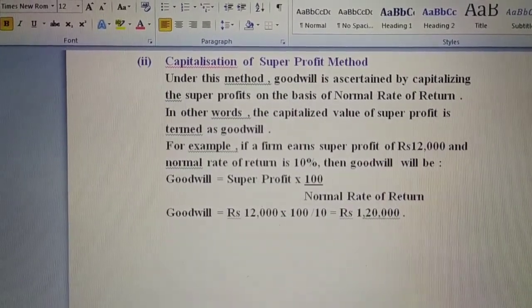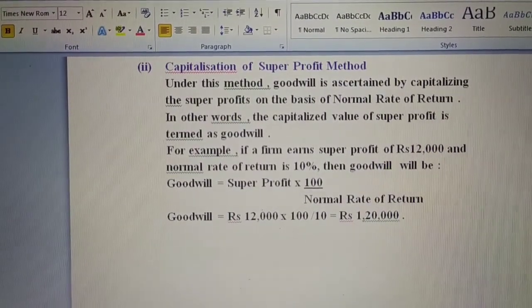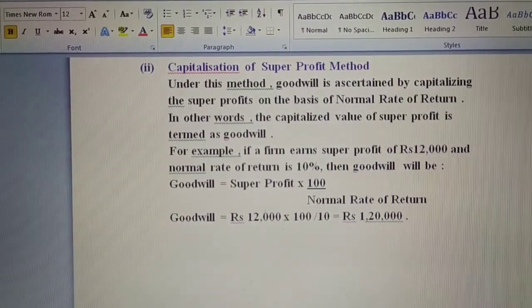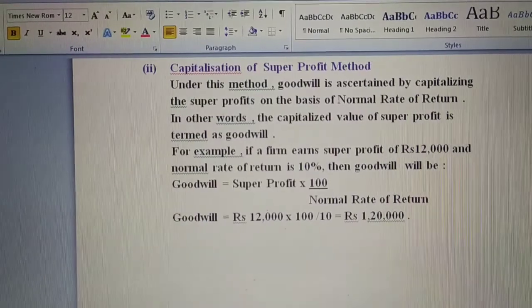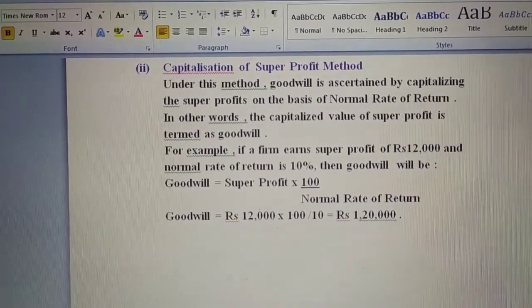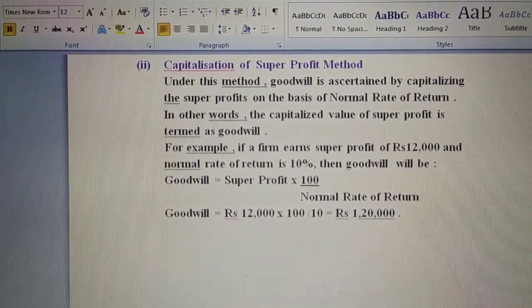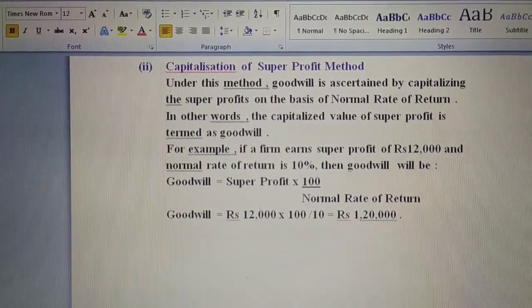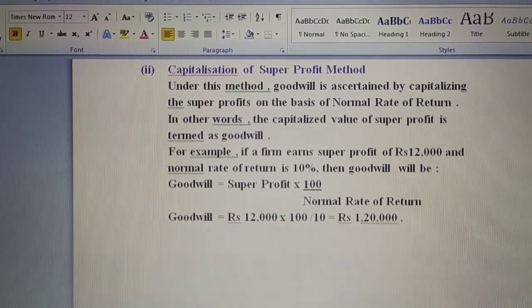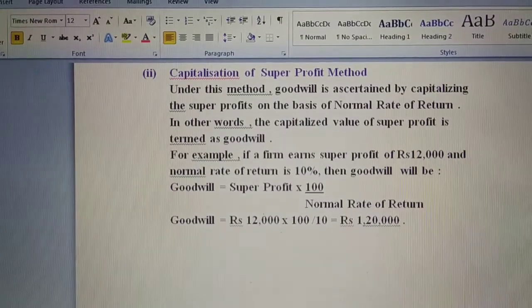For example, if a firm earns super profit of rupees 12,000 and normal rate of return is 10%, then goodwill will be, the formula here is goodwill equals super profit into 100 divided by normal rate of return. Here we have super profit of rupees 12,000. Now if we multiply 12,000 with 100 and divide by 10, which is normal rate of return, the goodwill is 1,20,000.